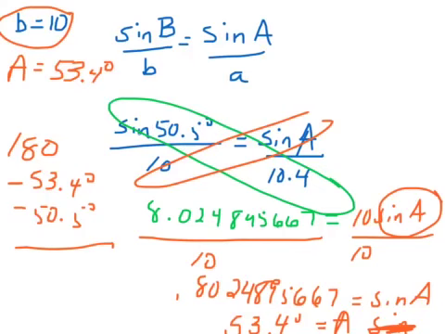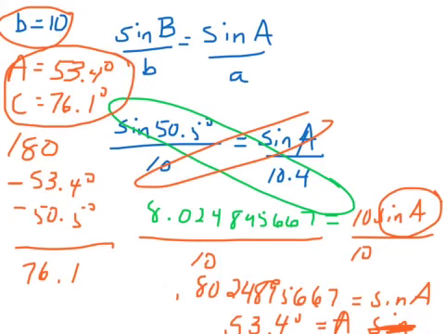We want to be smart about what we do. So if we subtract all that, angle C, the remainder, is going to be about 76.1 degrees. And so we've solved the triangle.